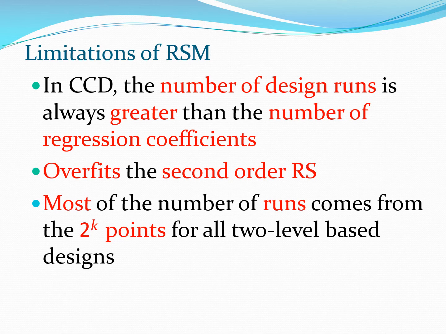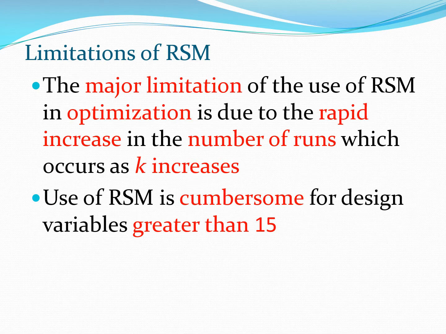And because this power is here, if k becomes large, this becomes extremely large. So essentially the factorial points are going to dominate the runs. This is a problem for CCD as the number of design variables becomes large.